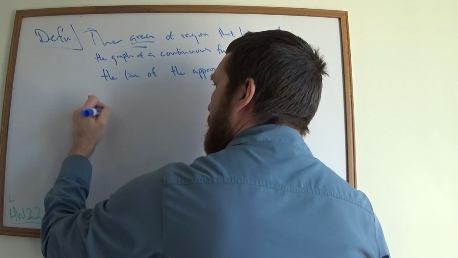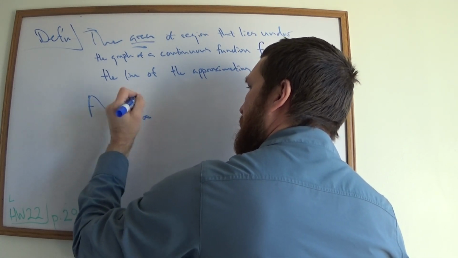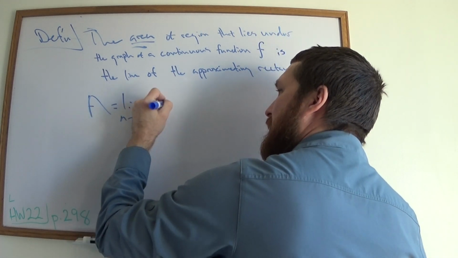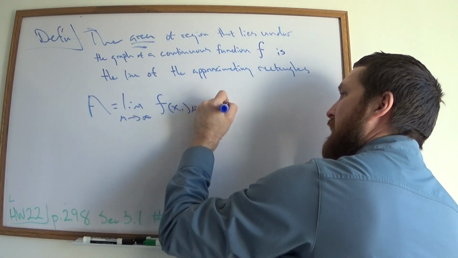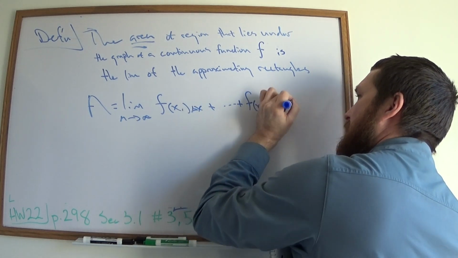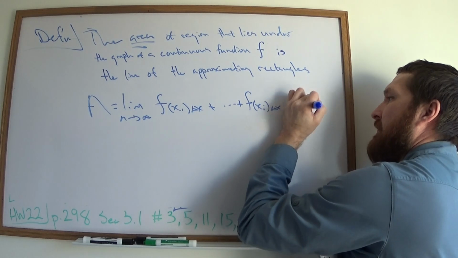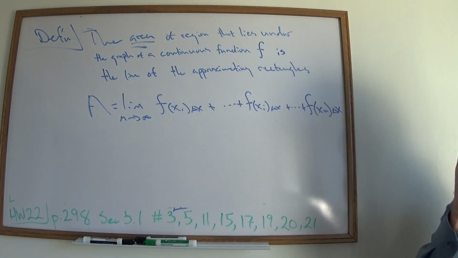That is, the area is the limit as n goes to infinity of the rectangles: f of x1 times delta x, all the way up to f of xi times delta x, all the way up to f of xn times delta x. That is what area is.